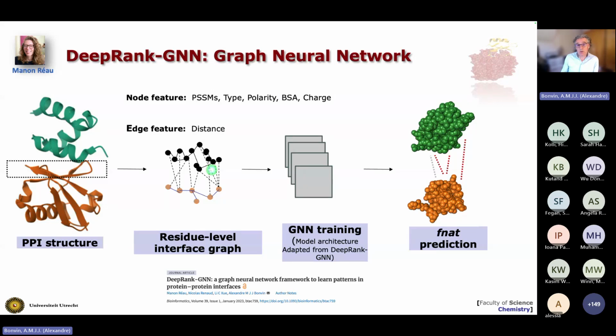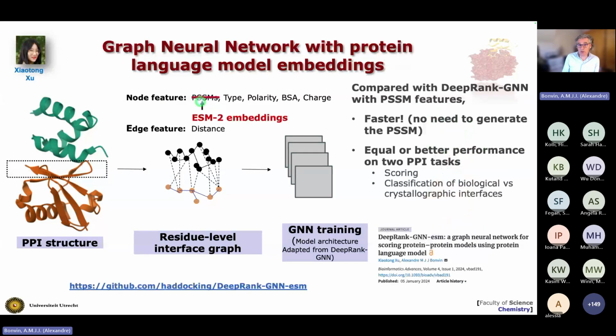The key feature in this is still the position-specific scoring matrix, for which you need a multiple sequence alignment, which might be a limitation again for immune complexes. So we've been looking at large language models, and we replaced the multiple sequence alignment by ESM2 embeddings. And this gives rise to DeepRank-GNN-ESM, which is also out there. And basically, you don't lose in performance, and it's much faster because you don't need to calculate a multiple sequence alignment.